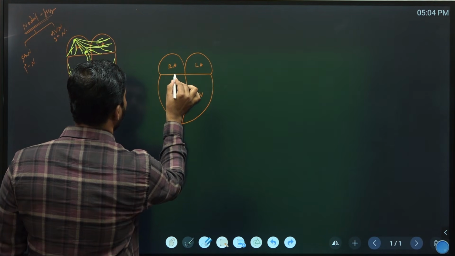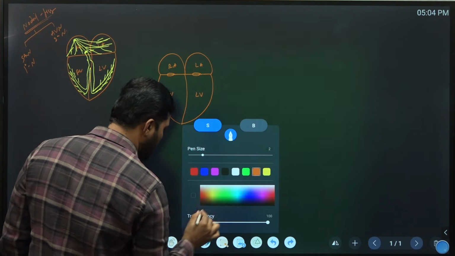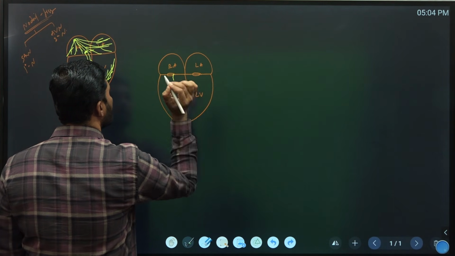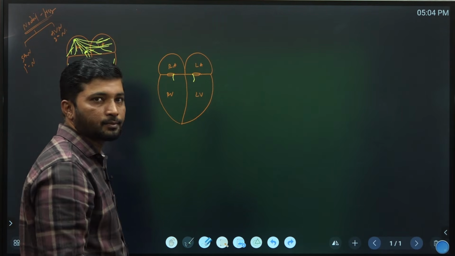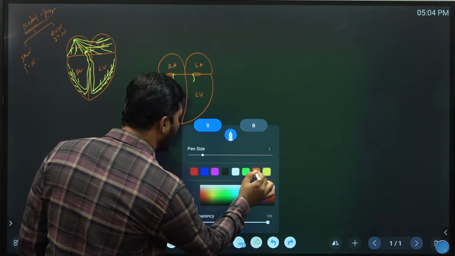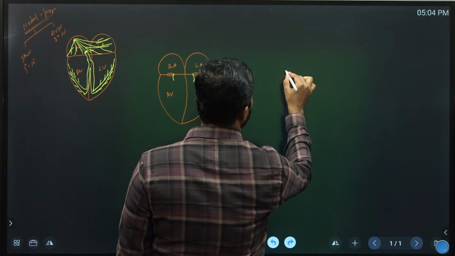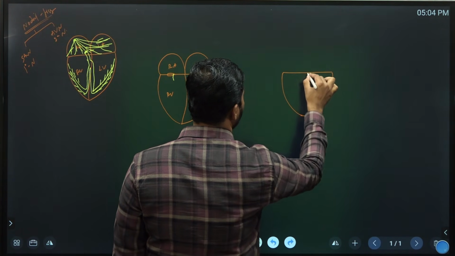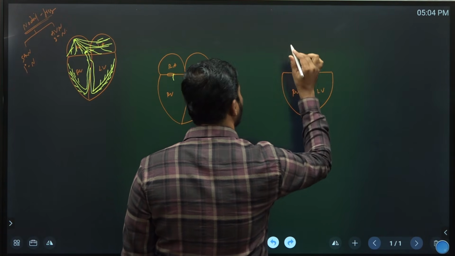This is the opening, and the valves: here the AV valves are present, this is tricuspid, this is bicuspid. This is the ventricle diagram, right ventricle and left ventricle.